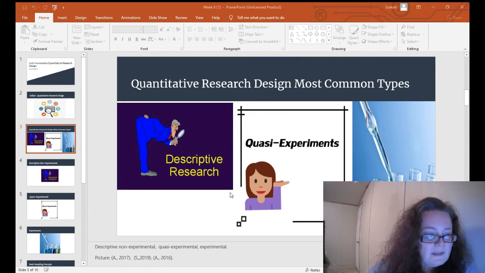The most common types of quantitative research design are descriptive non-experimental, quasi-experimental, and experimental.